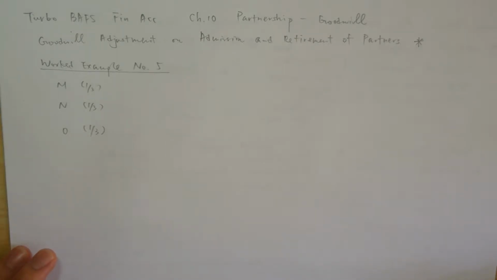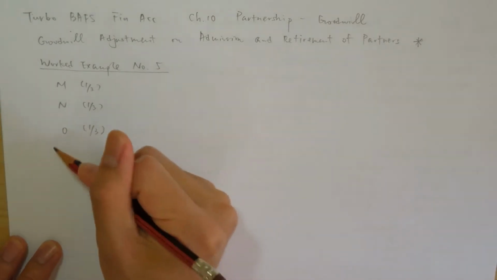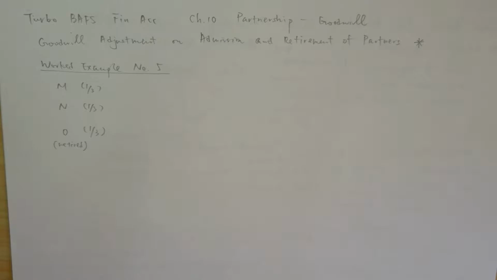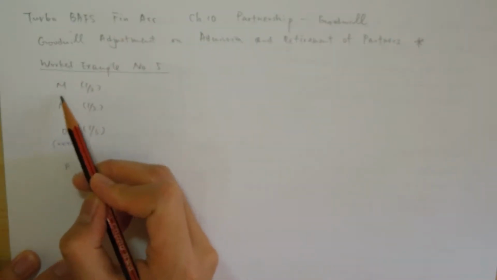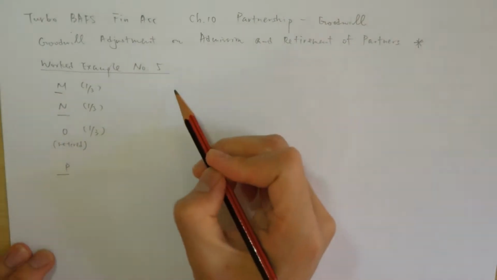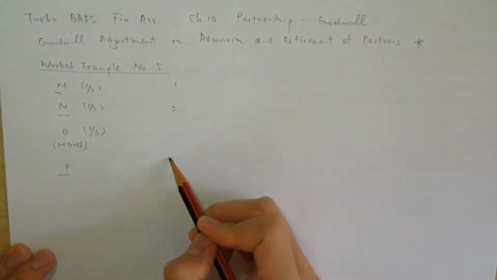Then on 1st of January, O retired, and P was admitted to the partnership. Now we have a new one, P. They share the new profit and loss sharing ratio, M and P, 1 to 1. M and P are new, that's why I highlighted them.